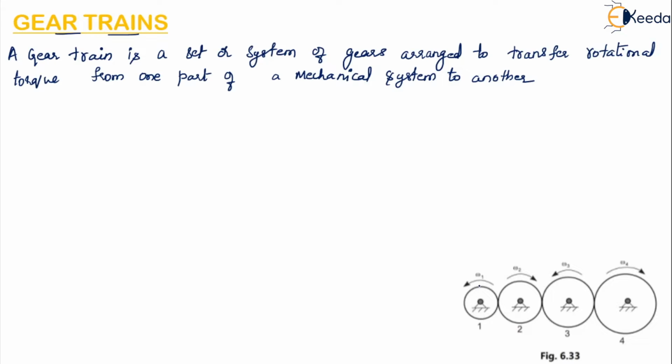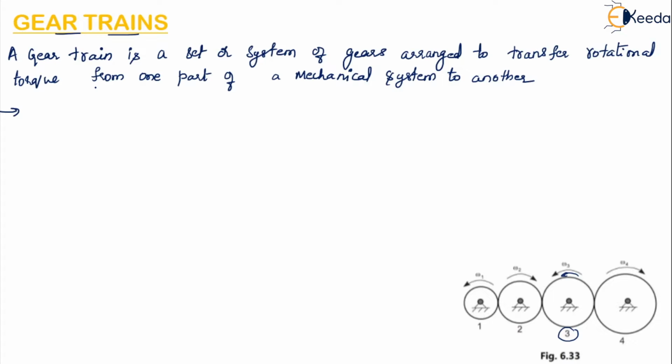Here you can see this gear is rotating in this direction, this one is rotating in the opposite direction, the third one is rotating in the opposite direction to the second one, and the fourth gear is rotating in the opposite direction to the third gear. In this way the gears are arranged one after the other to transfer rotational torque from one mechanical system to another. So this set of gears can transfer rotational torque from this mechanical system to some other mechanical system.